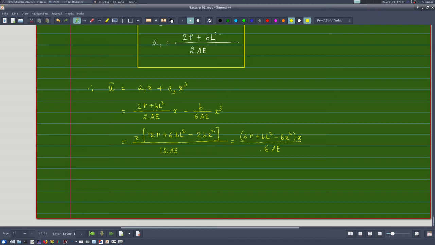So with this cubic solution, now let us see whether the natural boundary condition at x equal to L is satisfied or not.